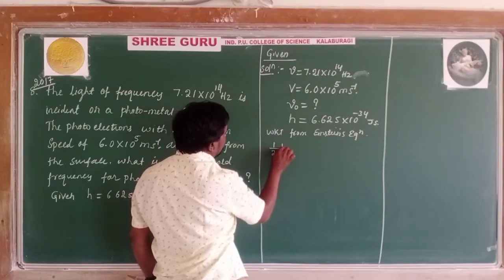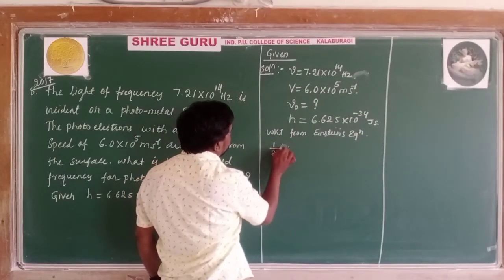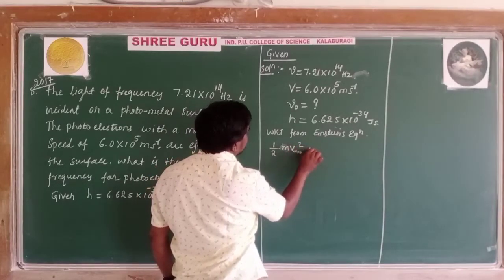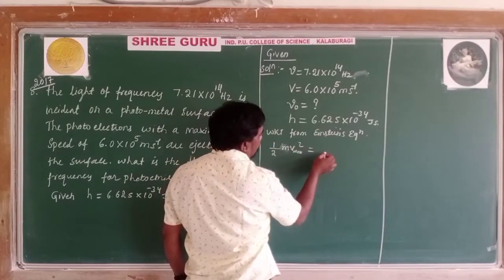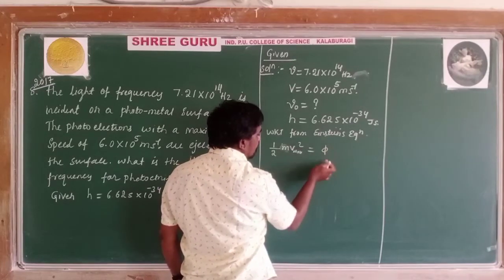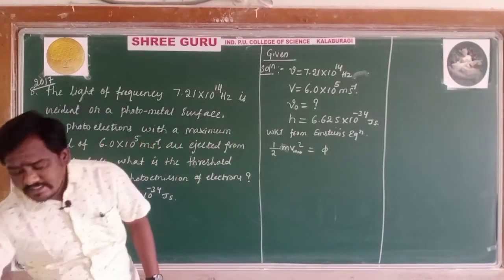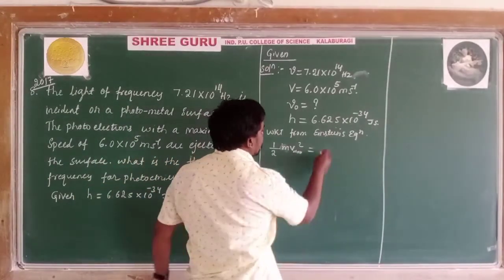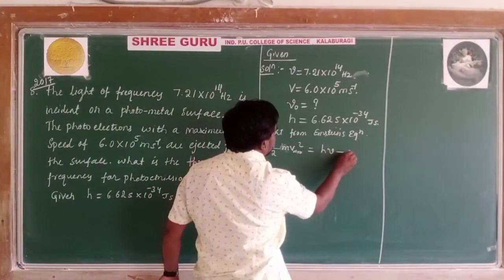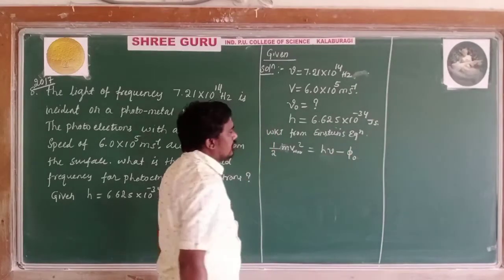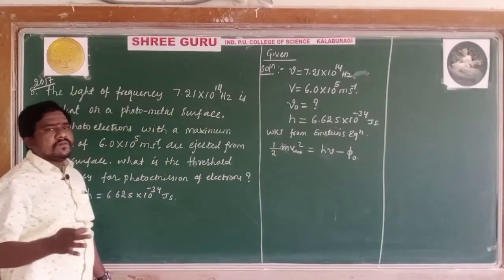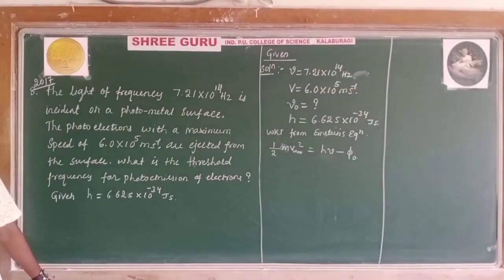Half m v maximum square is equal to energy h nu minus phi naught, or you can also write energy is equal to work function plus kinetic energy.